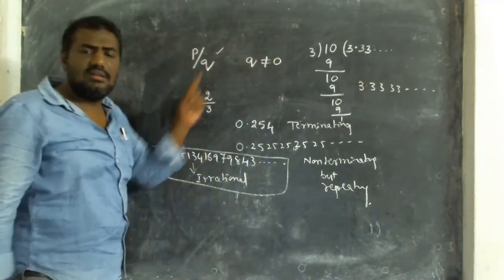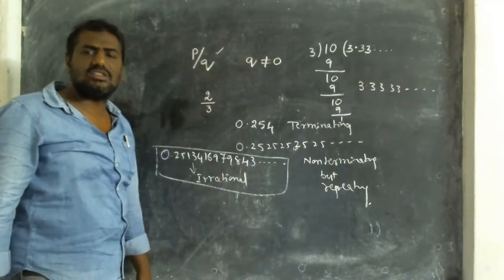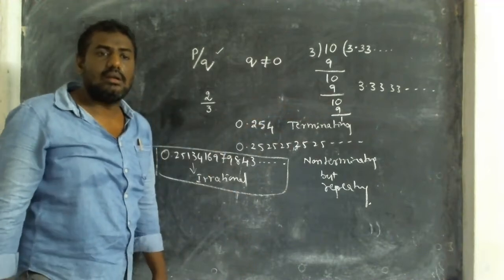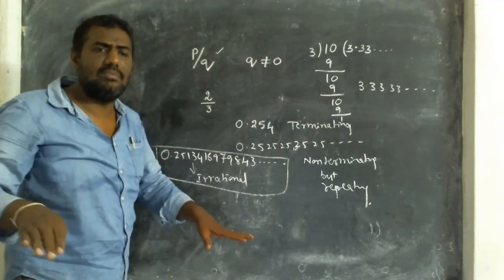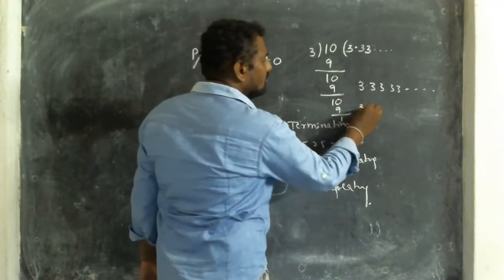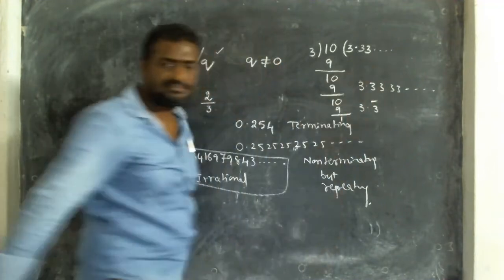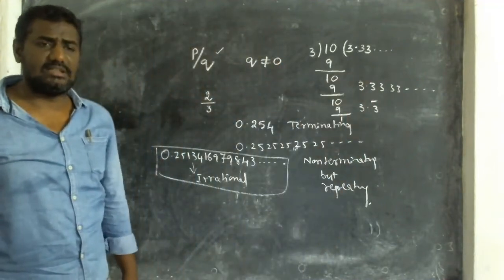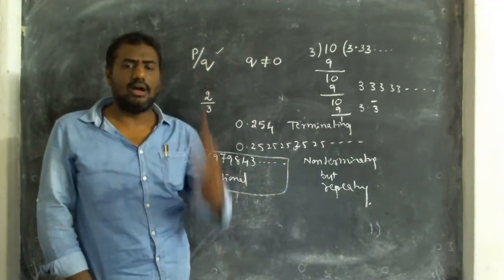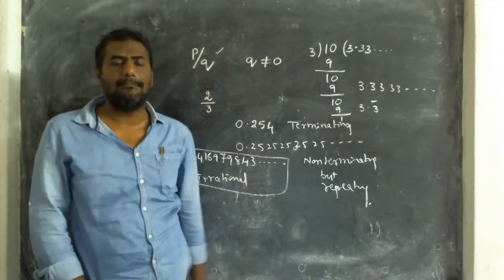So 10 by 3 is a rational number. When we divide, I got what type of decimal? Non-terminating, that means non-stop, but the value is repeated. In shortcut we can write 3.3 bar. When you look at the bar, you have to say it is non-terminating but repeating.